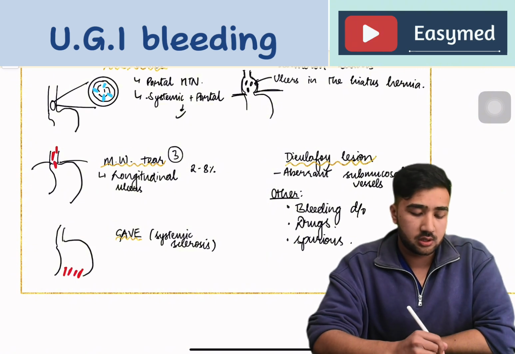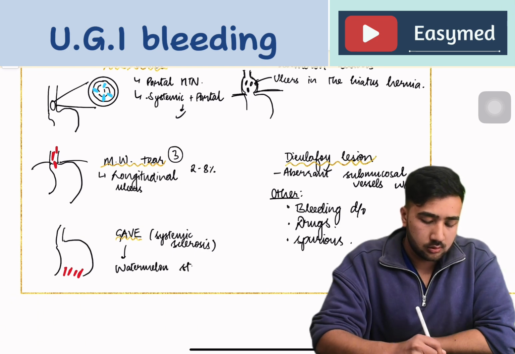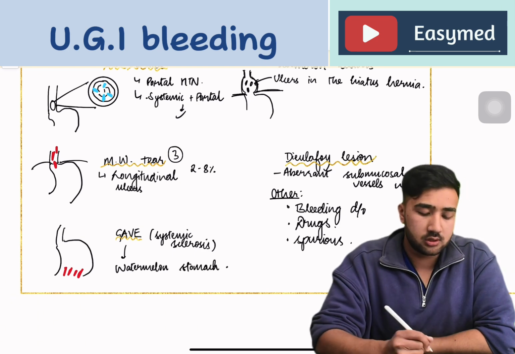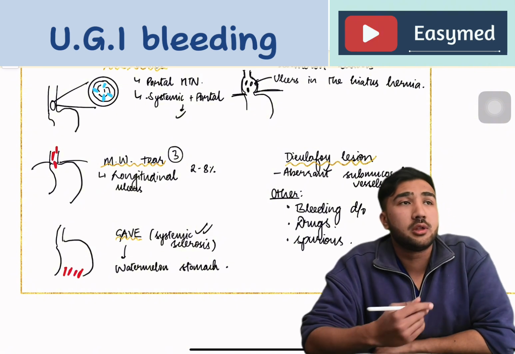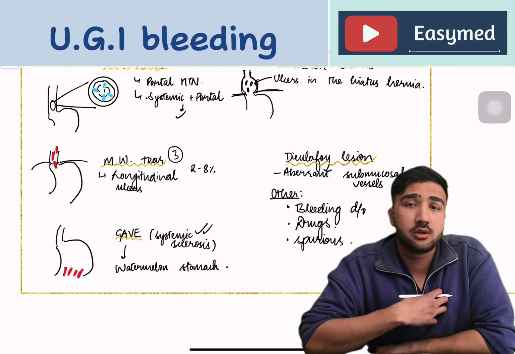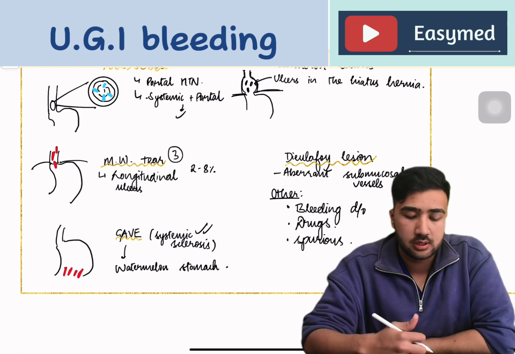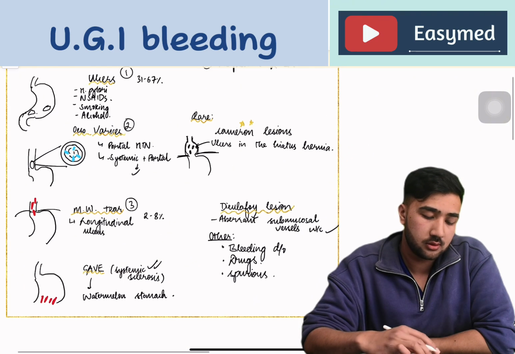It is also known as the watermelon stomach, and it is commonly associated with systemic sclerosis. Now, the other causes could also be not related to the GI tract, could be bleeding disorders, drugs, and spurious hematemesis.